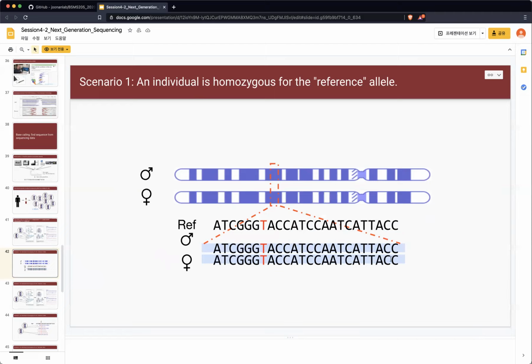We have 2 strands, but the reference genome takes only 1 strand out of that. If you look at the 2 strands, it has TT, the same T as the reference. So how do we call it? We call it homozygous for the reference allele, or shortly, homozygous reference allele, because it's similar to the reference sequence.